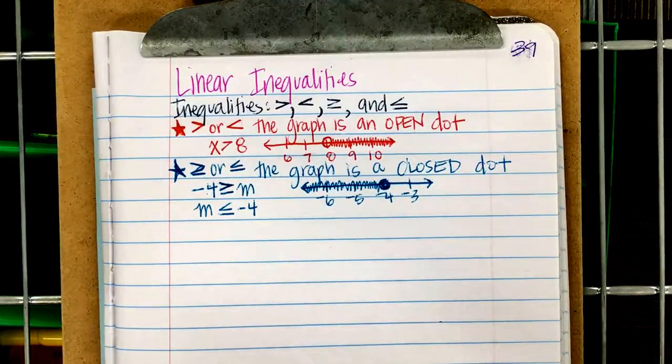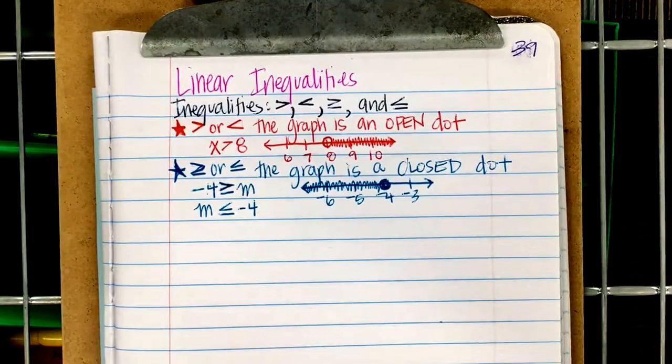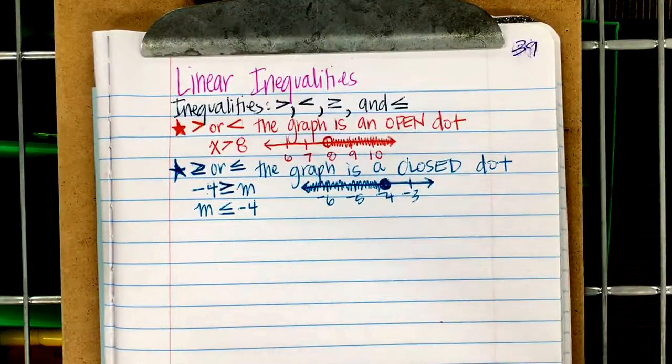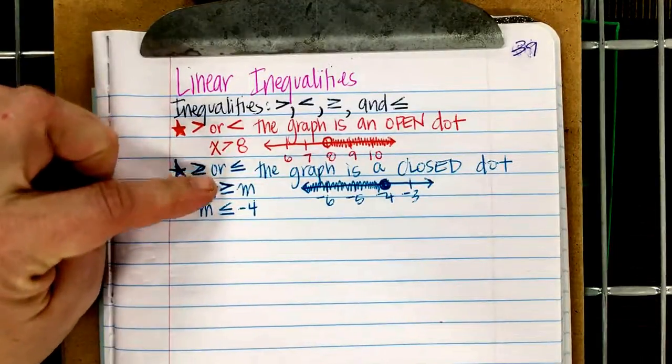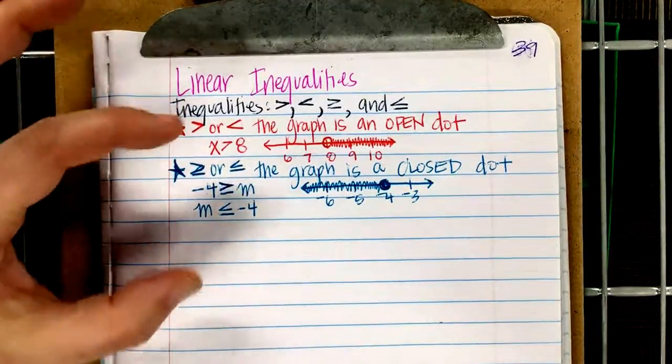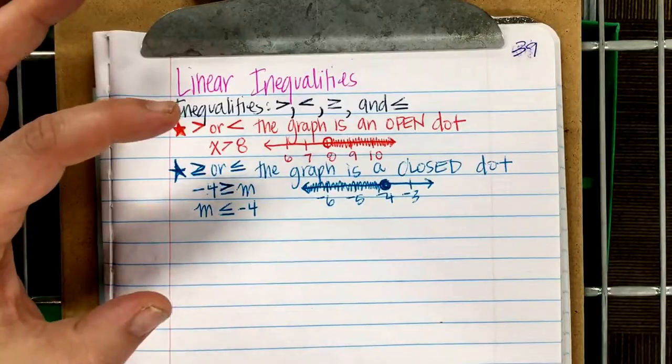So we're going to apply this idea to linear equations, y equals mx plus b. So we're not just going to stick to just one variable, right? We're going to put it in a linear equation, y equals mx plus b.